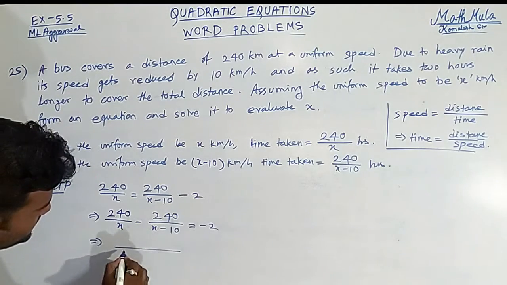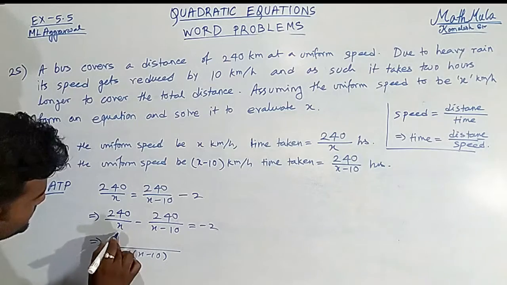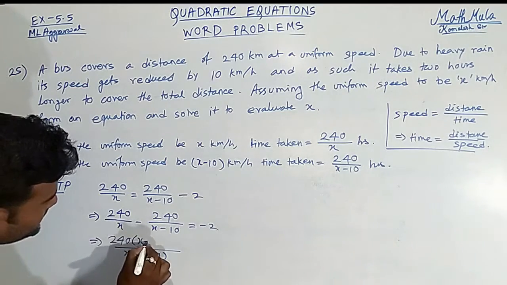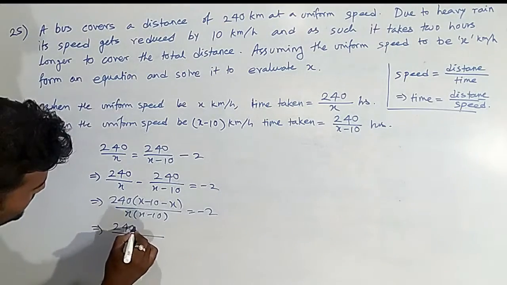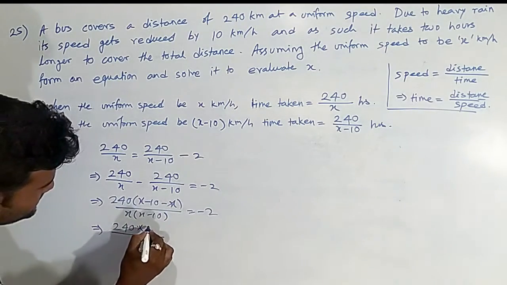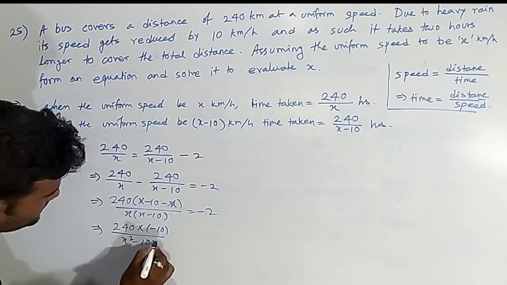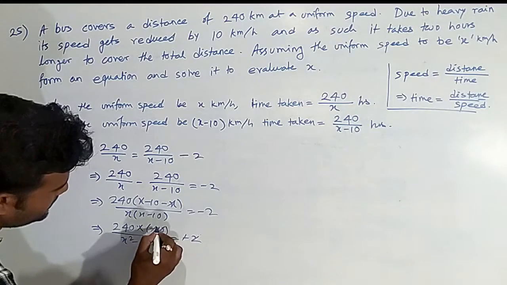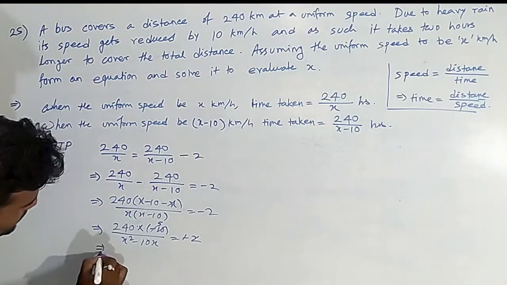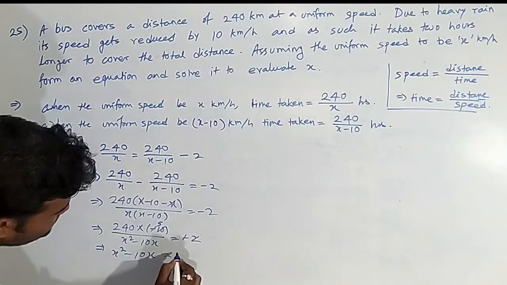Now take the LCM, that is x into x minus 10, and it will be 240 into x minus 10 minus x is equal to minus 2. 240x will be cancelled, and this is minus 10, and this is x square minus 10x equal to minus 2, and minus minus will be cancelled, 2 and 5 will be cancelled, that is 10. Now cross multiply, we get x square minus 10x is equal to 1200.